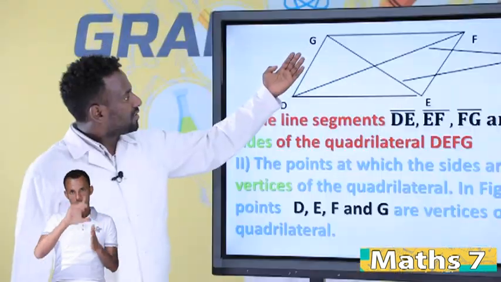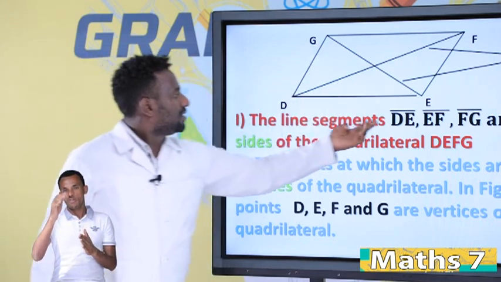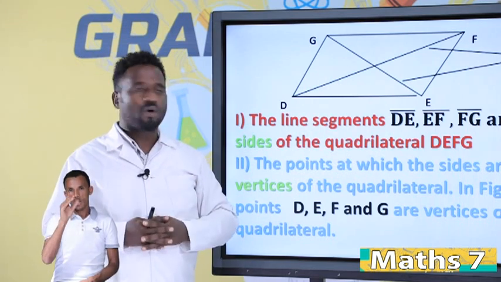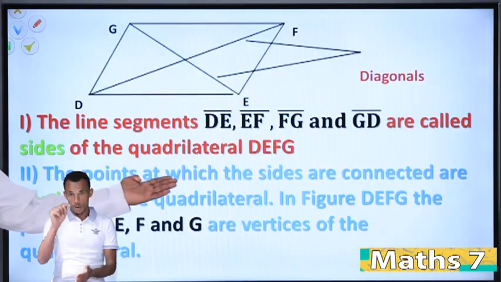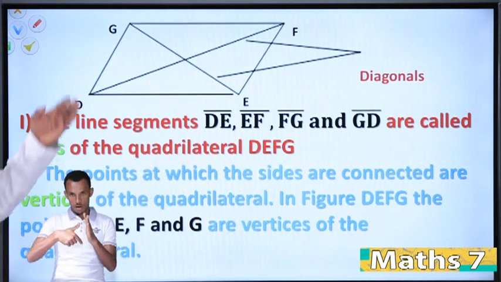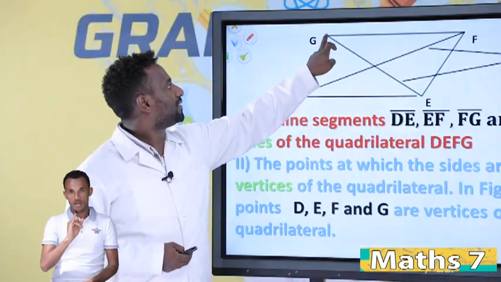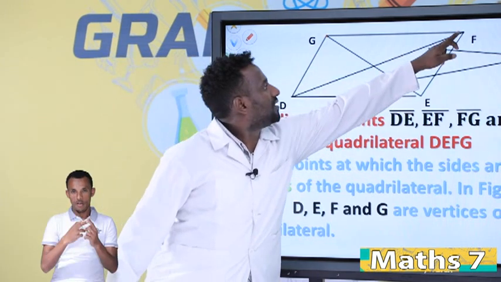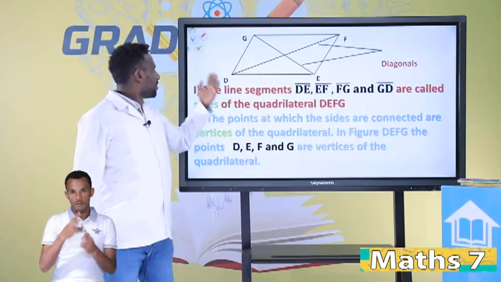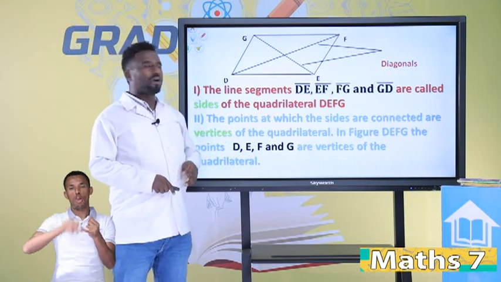As you see in the figure, quadrilateral DEFG has sides DE, EF, FG and GD. The points at which the sides are connected are the vertices of the quadrilateral: vertex G, vertex F, vertex E, and vertex D, which are also endpoints.